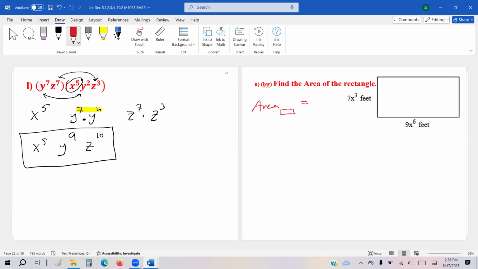Length times width. So let's say this is length and this is width, or vice versa, it doesn't matter. So what is the area of this rectangle? 7x cubed feet times 9x to the 6 feet. So you're multiplying length and width to get the area.